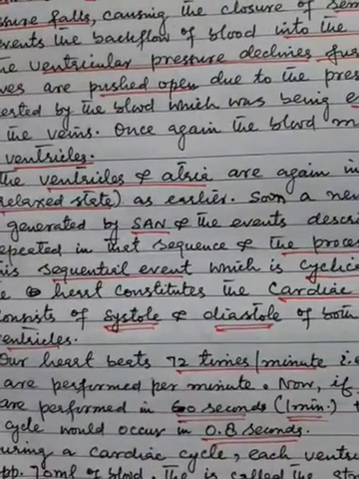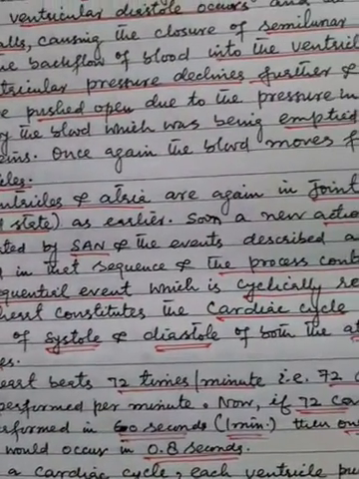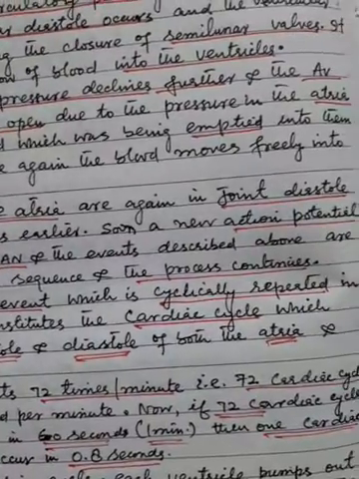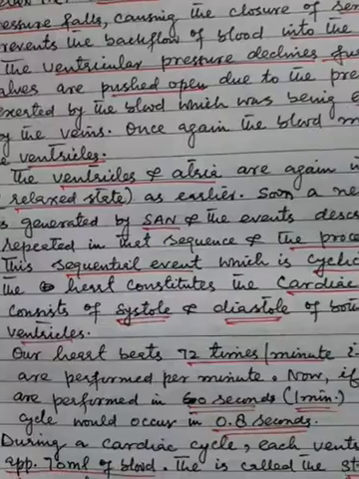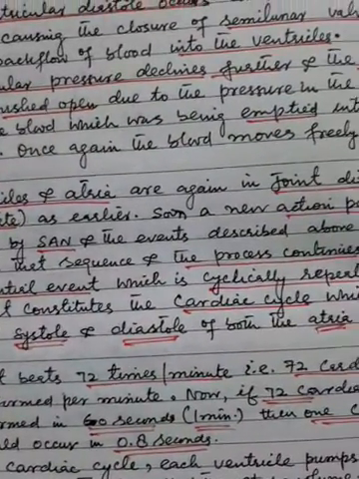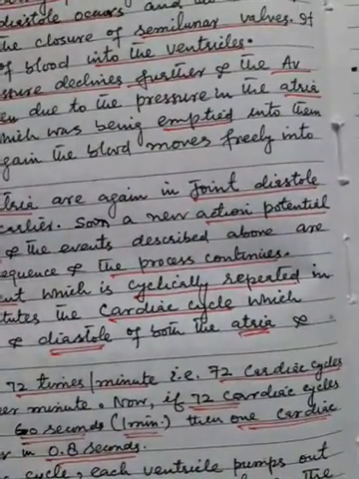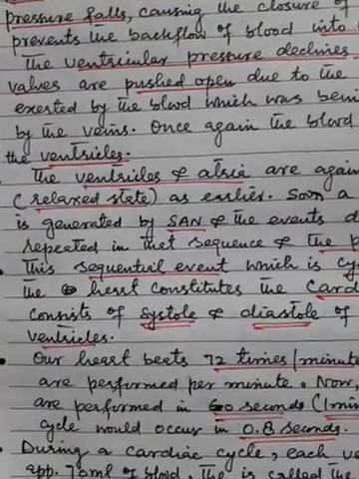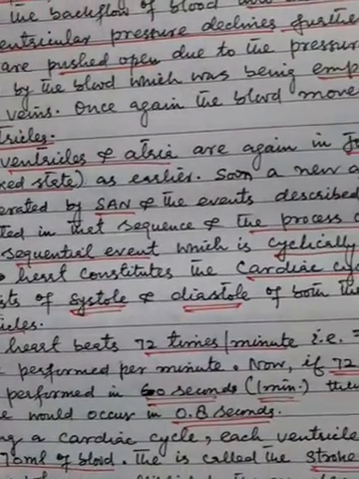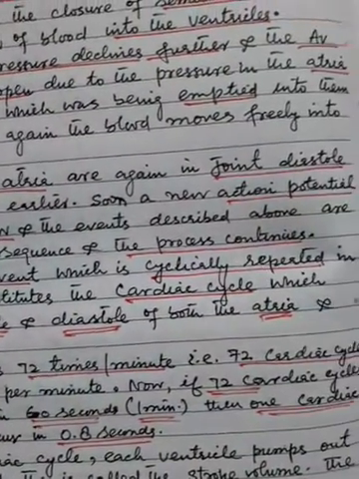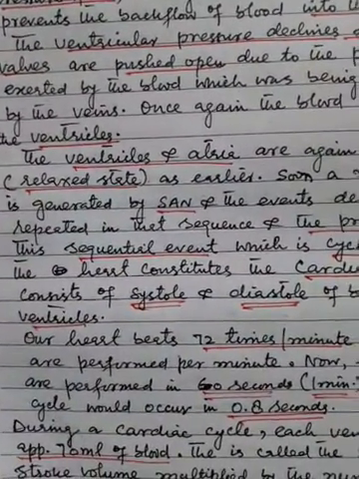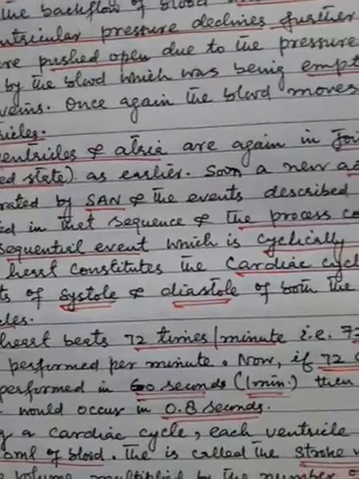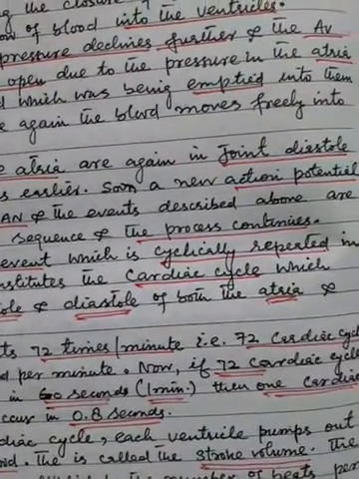The ventricles and atria are again in joint diastole, that is, the relaxed state as earlier. Soon a new action potential is generated by the SAN and the events described above are repeated in that sequence and the process continues.